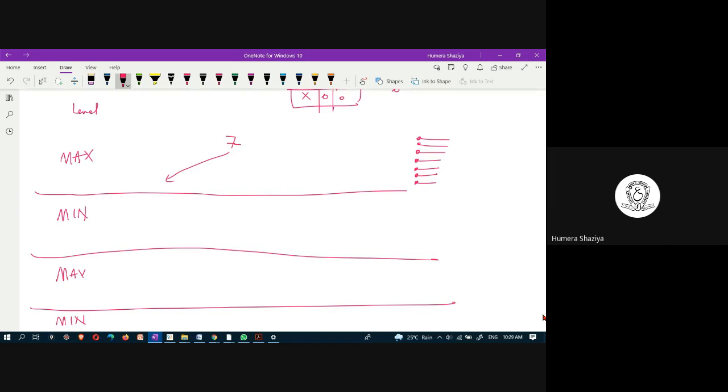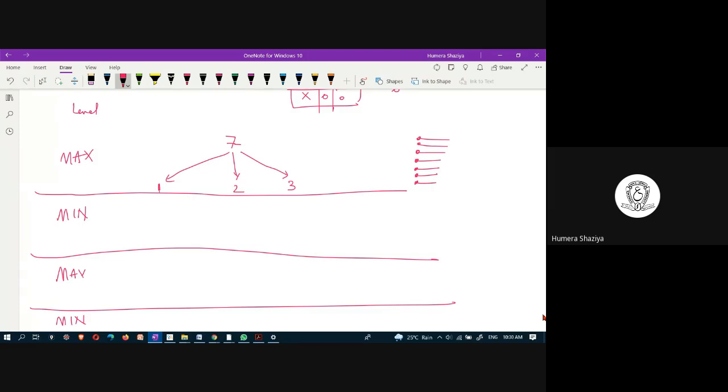Max can pick up one matchstick, 2 matchsticks, or 3 matchsticks. Out of 7, not more than 3, because this is an odd number. Half would be 3.5, so instead of 3.5, 3 can be chosen.